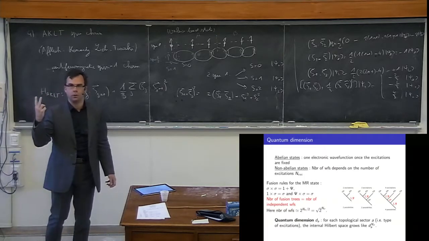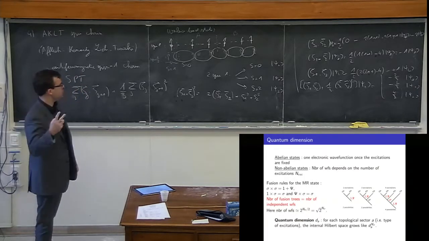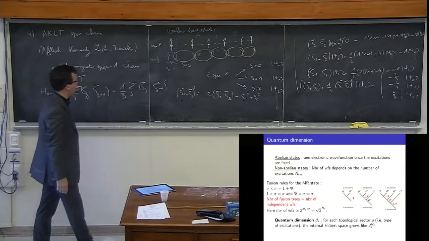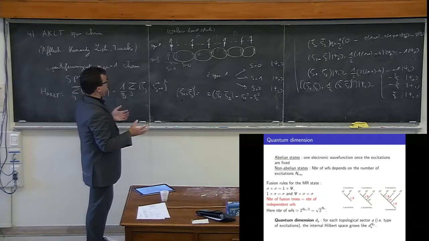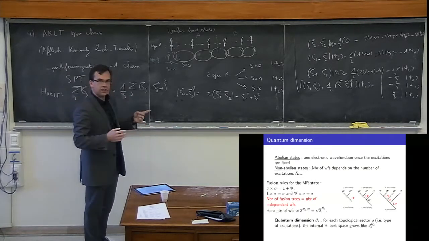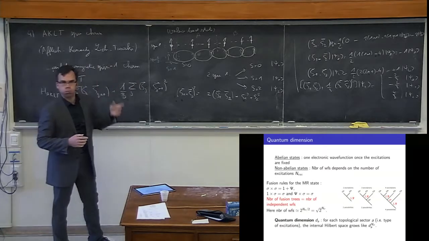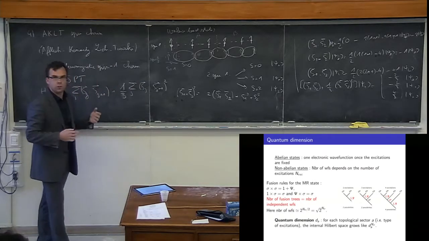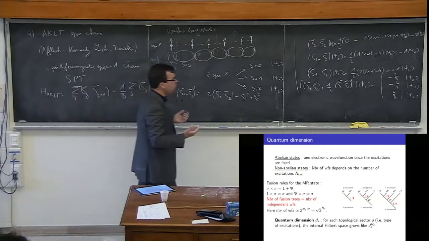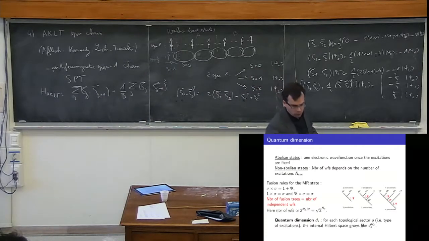One singlet and one triplet state, so a total of four ground states. So let's say we pick one, the one with S equal to 1, and look at the entanglement spectrum.